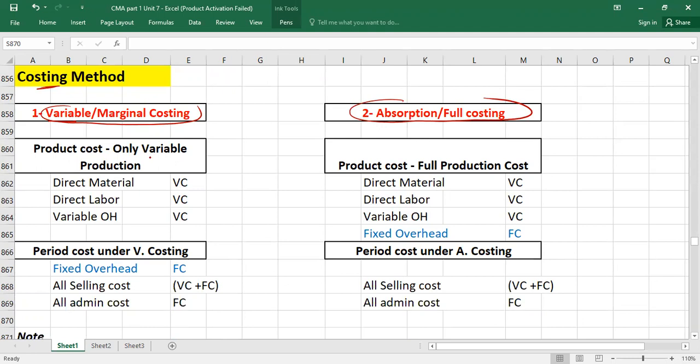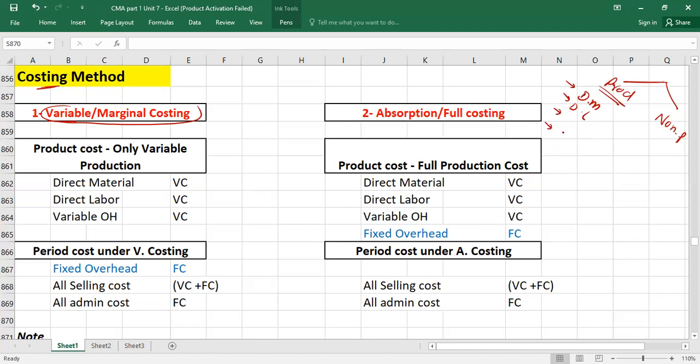Please remember, guys, we have two types of cost: production and non-production. In production, I said three costs: direct material, direct labor, and variable overheads, and also fixed overhead, because overheads might have a variable and a fixed portion, right?